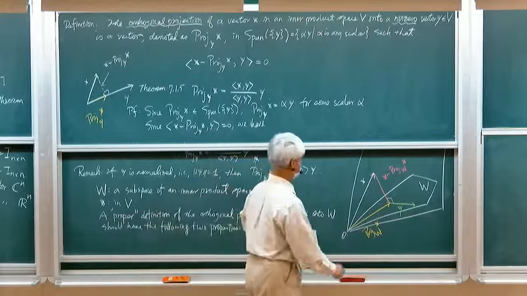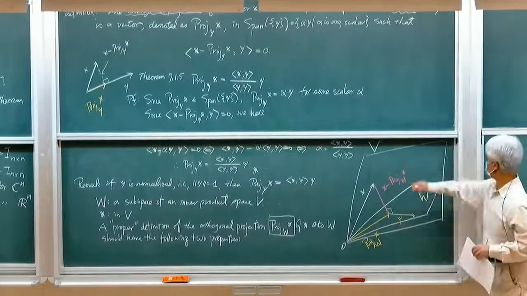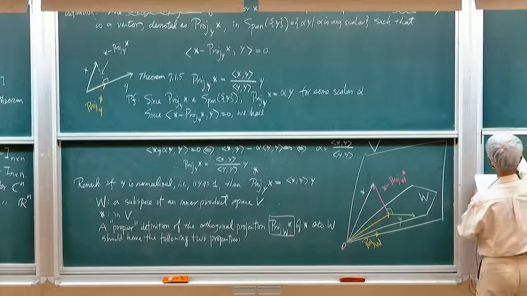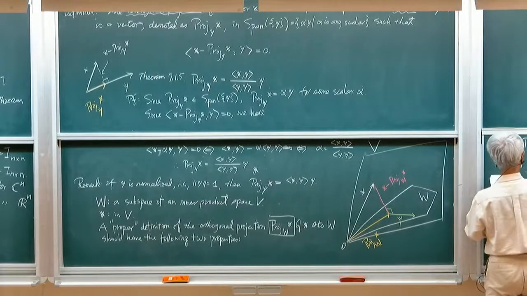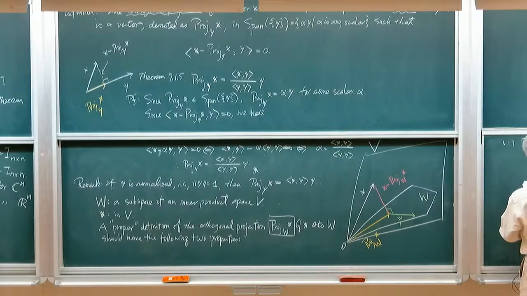So it should have the following two properties, from this diagram. The first property is that this orthogonal projection should be in the subspace, because we want to project into the subspace.